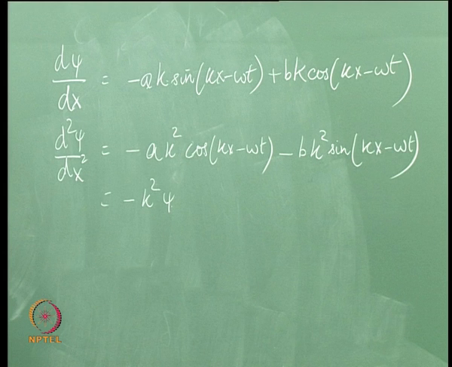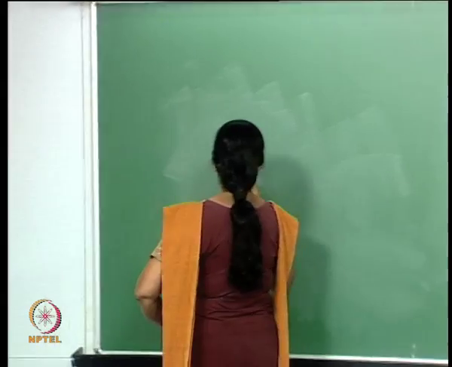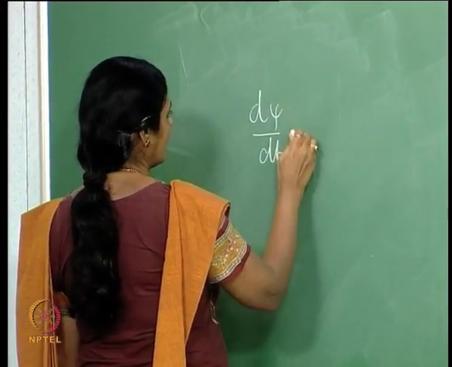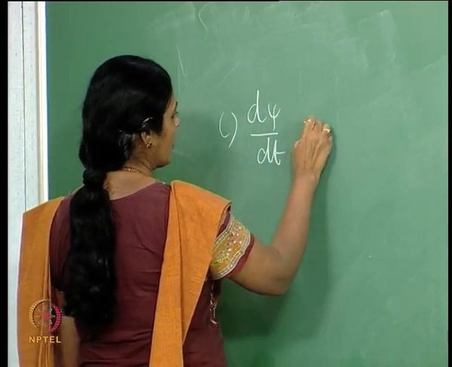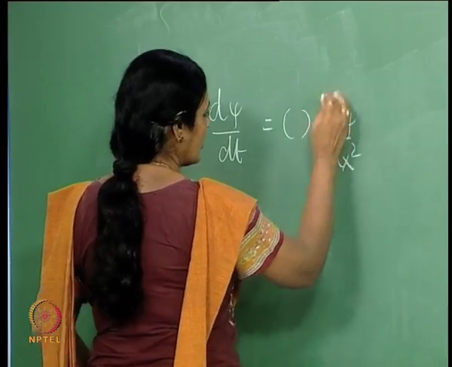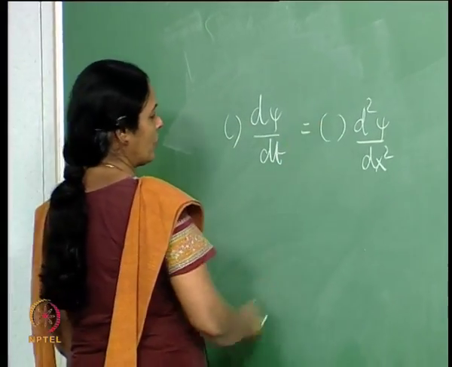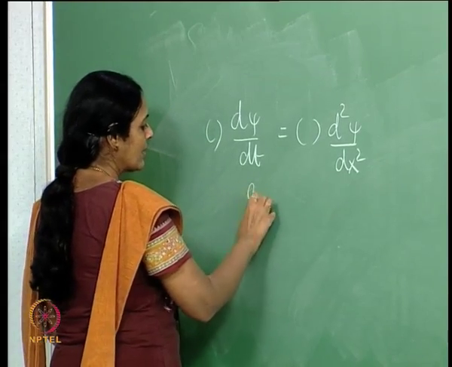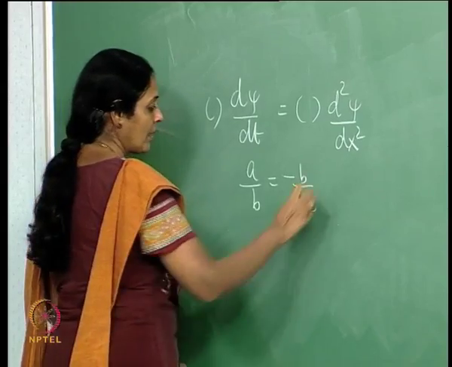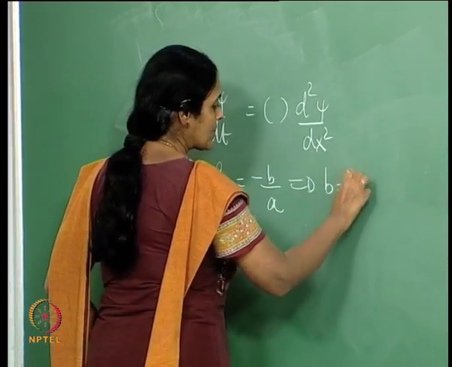This is minus k squared psi; d2 psi by dx squared is minus k squared psi. And therefore from this, if I have to equate d psi by dt times some coefficient to d2 psi by dx squared times some other coefficient, then I get a by b is minus b by a, which implies that b is ia.